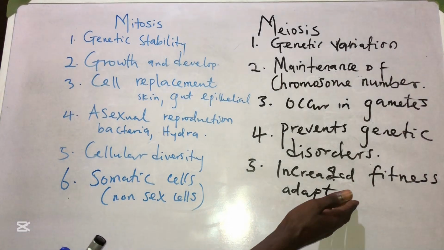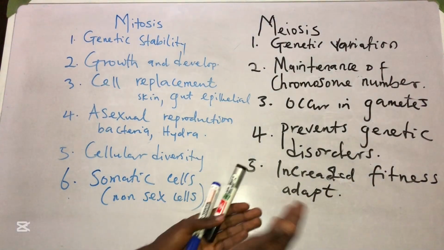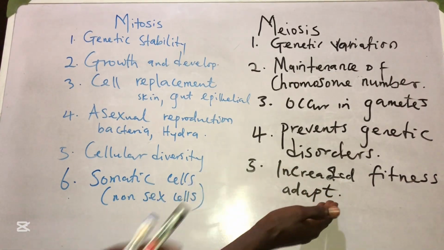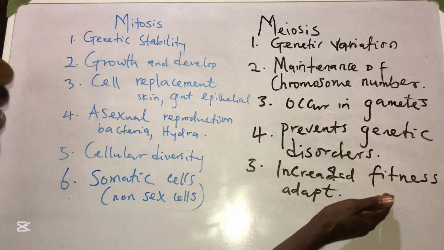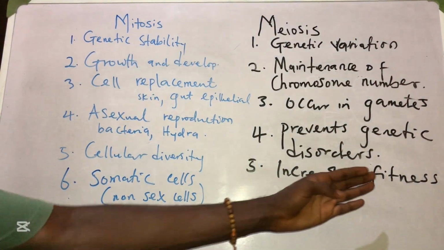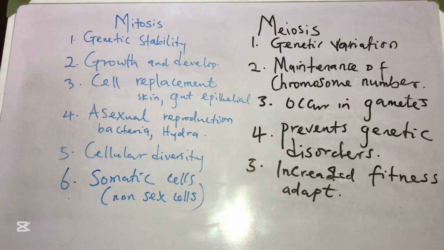So this individual is having a new combination of genes that could enable that individual adapt in his or her environment. So it increases fitness, and of course the general biological well-being of that person.